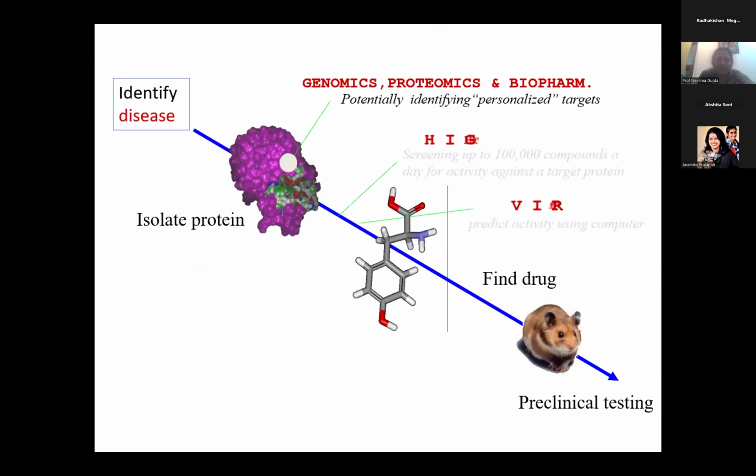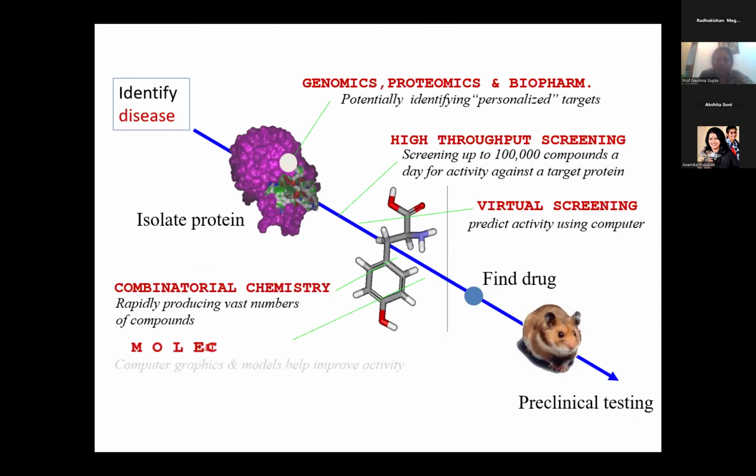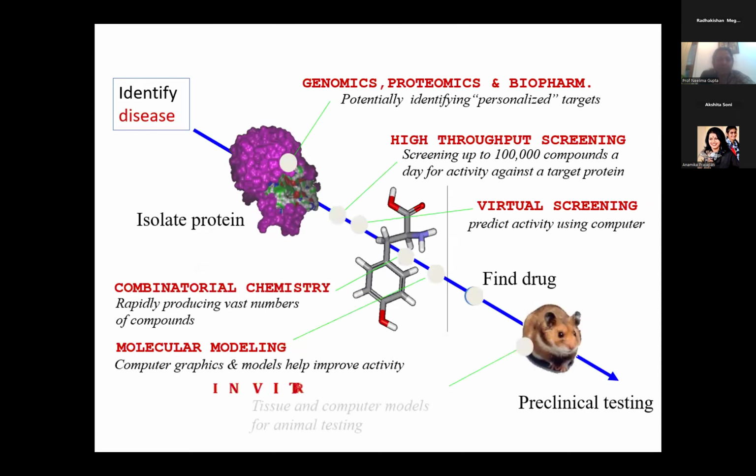We can see here in this slide the total process of the drug discovery, how the drug discovery takes place. So one has to identify the disease, isolate the protein, or identify the protein, and if its structure is already available, then with the help of genomics, proteomics, and other things, potentially identifying the personalized target.